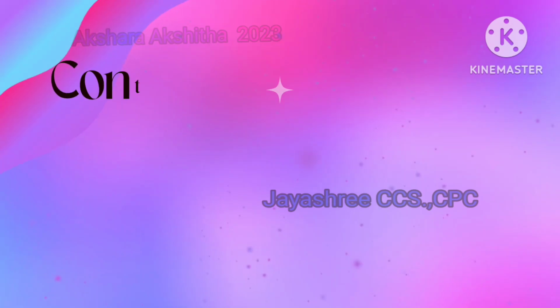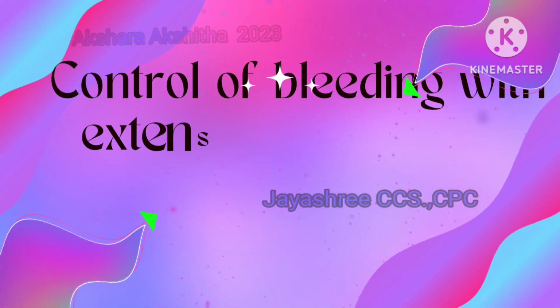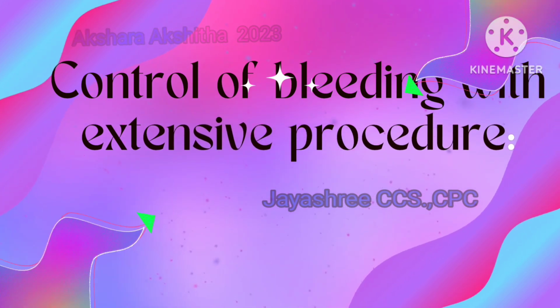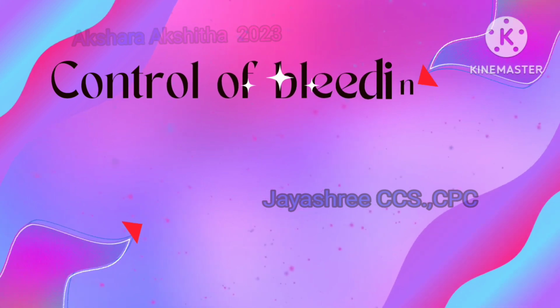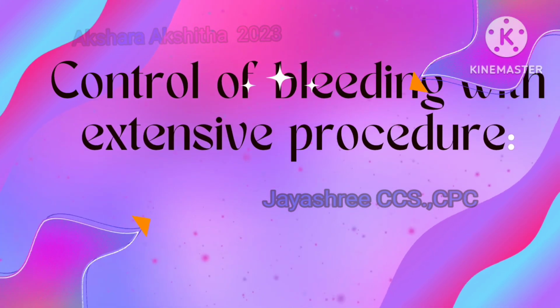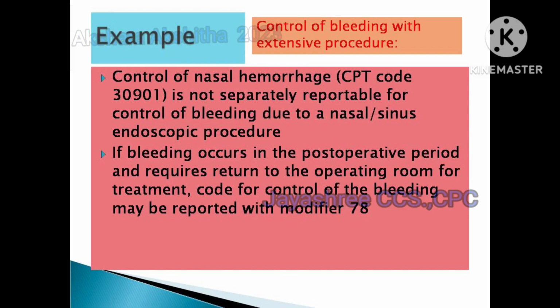Okay, then the next coding guideline is control of bleeding with an extensive procedure. Control of bleeding is an integral component of endoscopy procedures and it is not separately reportable. For example, control of nasal hemorrhage, CPT code 30901, is not separately reportable for control of bleeding due to a nasal or sinus endoscopy procedure.